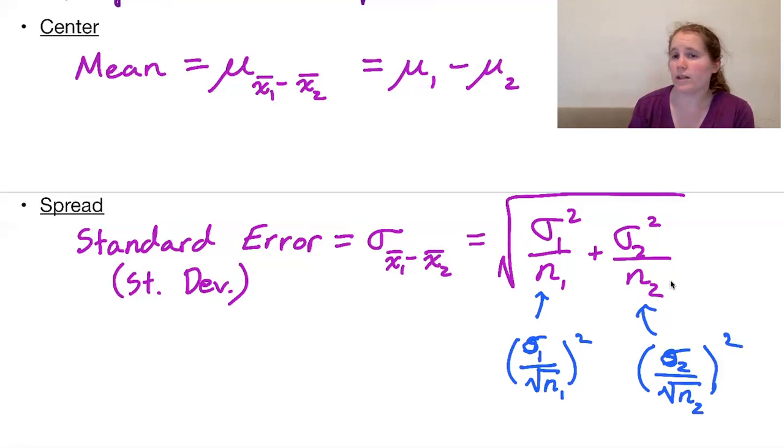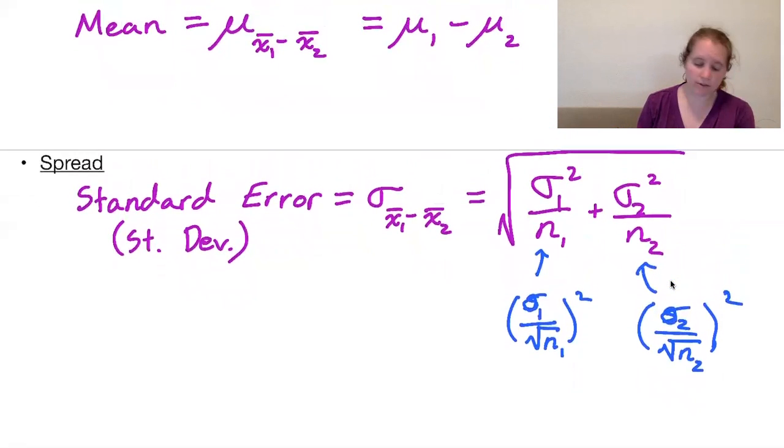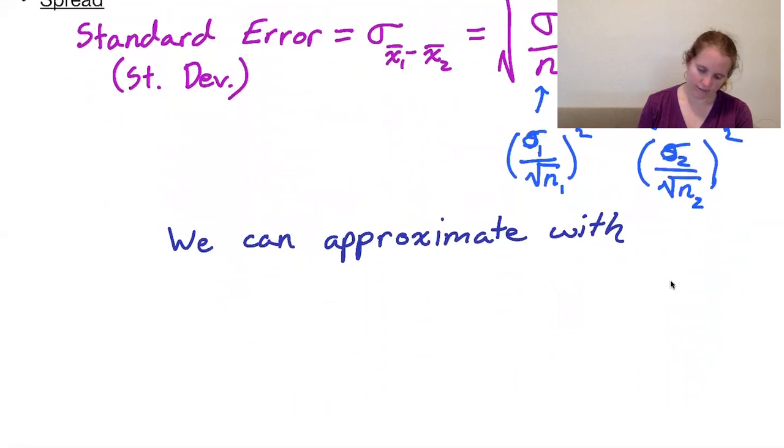And then we can approximate this just like we did for the t distribution previously. So we can approximate with the square root of S1 squared over N1 plus S2 squared over N2.